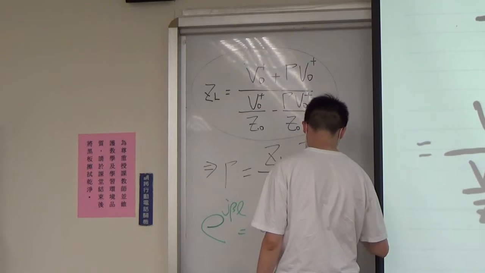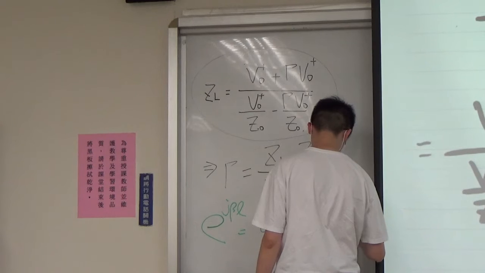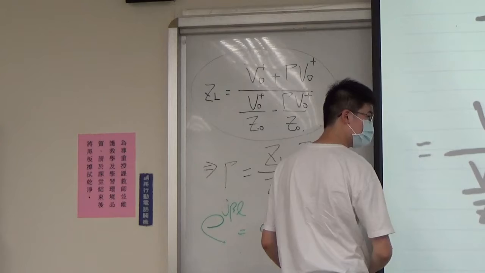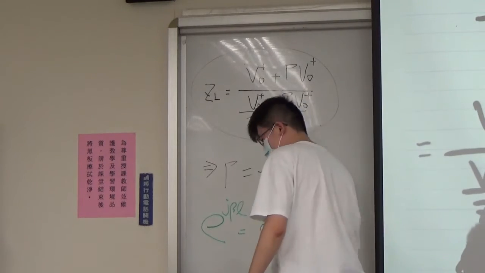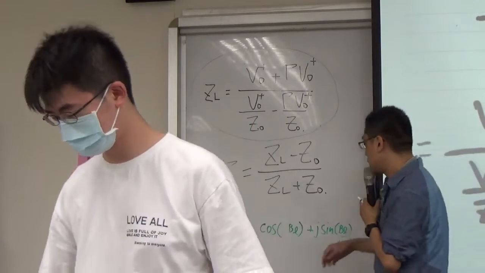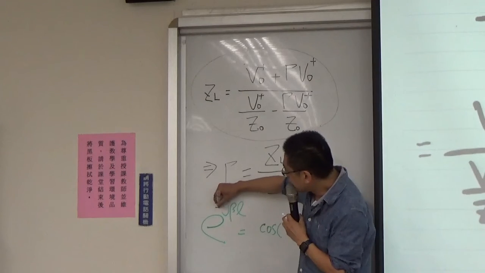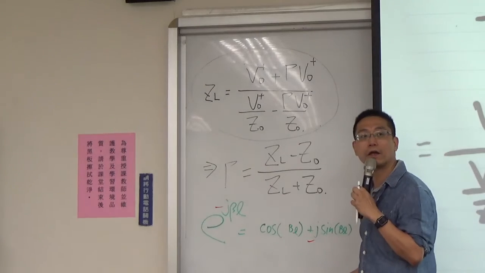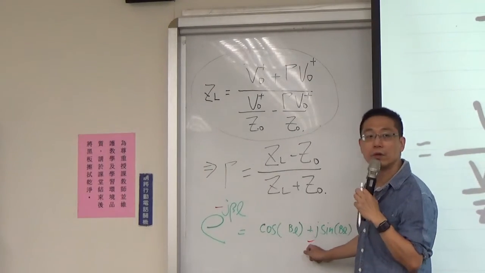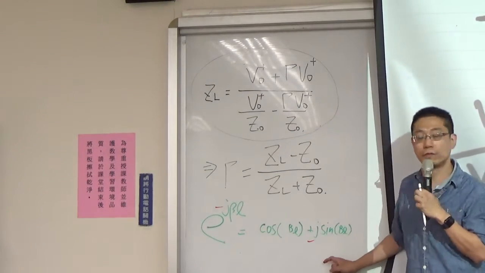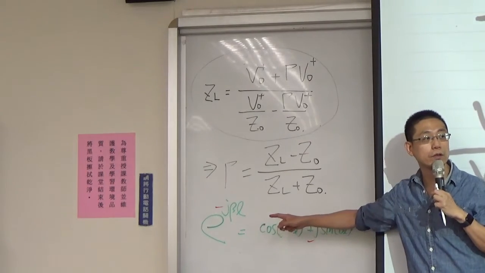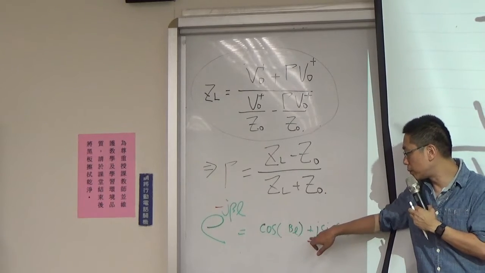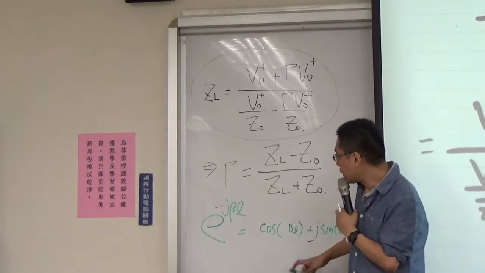Can all of you see? Can you see? Yeah. So if this is negative, you use negative. Okay? This is the Euler formula, exponential to the minus j beta L equals to cosine beta L plus, this is B and beta actually different.